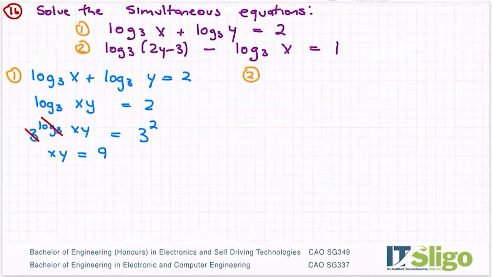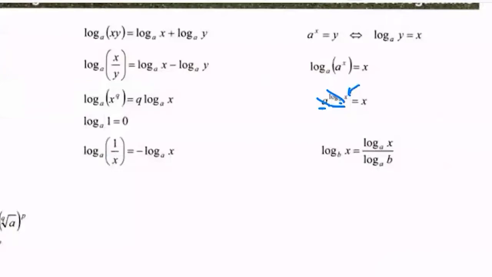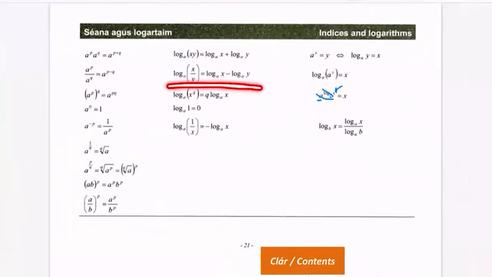So this one tells me that log to the base 3 of (2y minus 3) minus log to base 3 of x is equal to 1. This one has a minus in the middle, so therefore I'm going to use the second rule of log here.